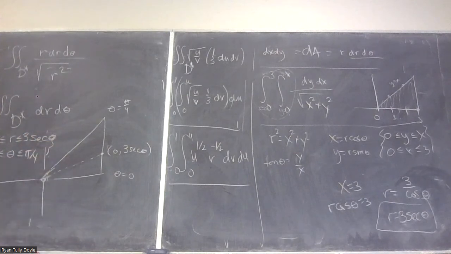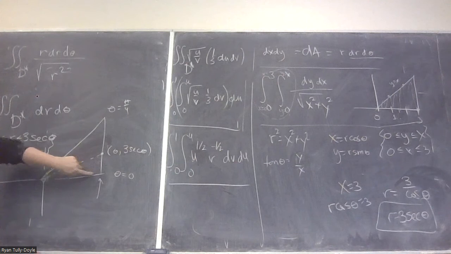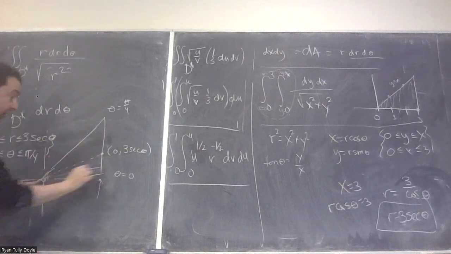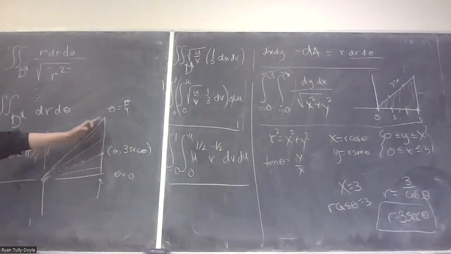Now, if anybody has any questions about how we did this translation and why it works, I want to make sure that we're clear about what's happening here. The point is that this line right here, with this particular radius. Notice the radii are increasing as we go up here. Every angle you put in, the radius goes up because the radii are sweeping away from the pole.